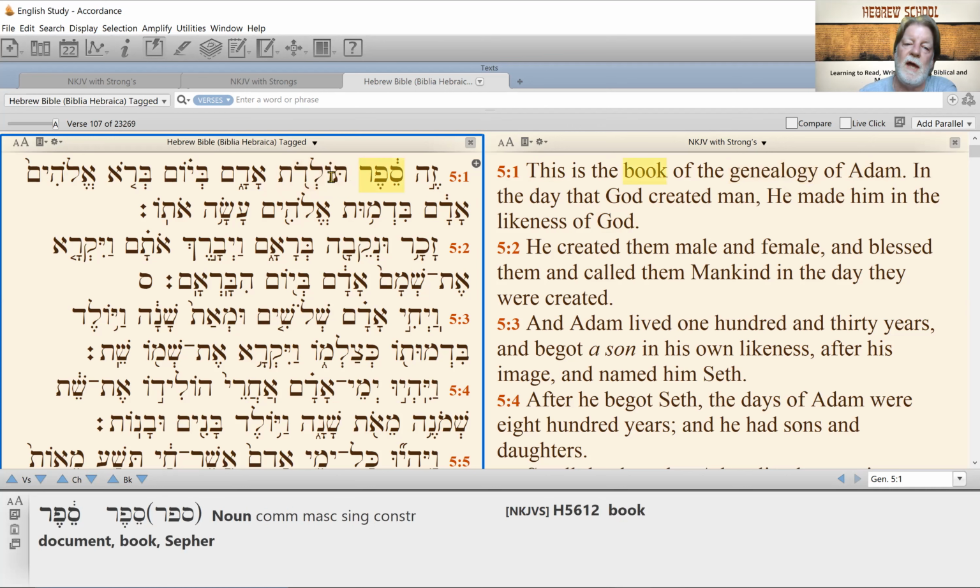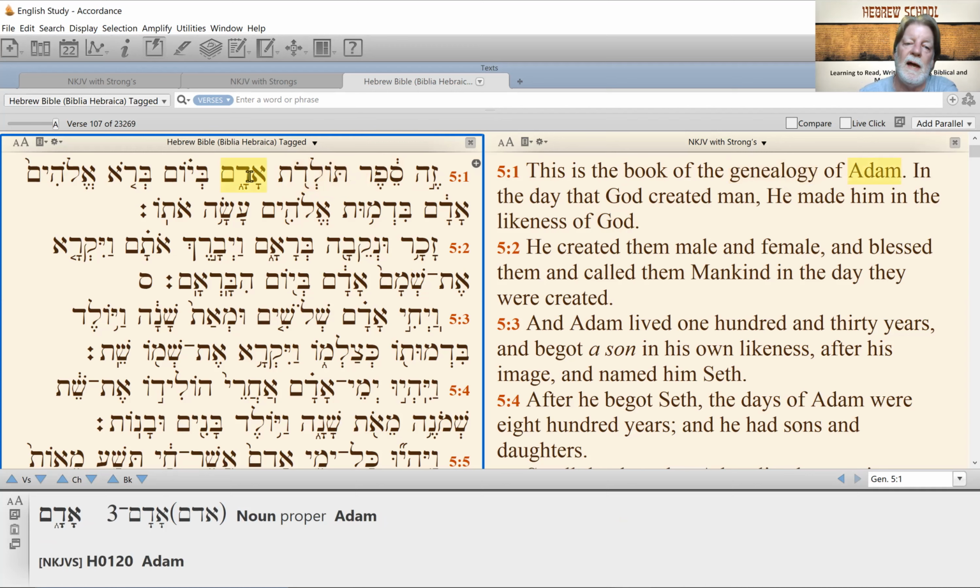So this is a book of the genealogy of Adam. Adam is the name of the first man. The Hebrew word for man is adam, and the Hebrew word for his name is Adam. So we can be talking about mankind, or we can be talking about a generic male individual, or we can be talking about one guy whose name is Adam.